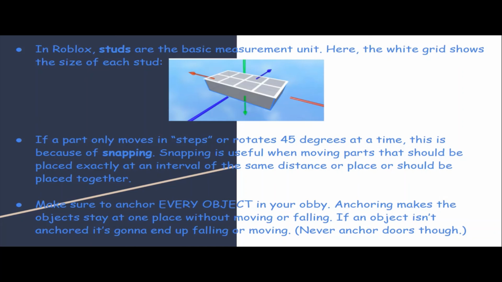You can use snapping when you want something to be exactly at the same place. For example, in obbies, you want things to be in the same place. So you can use snapping in obbies and when making different things.